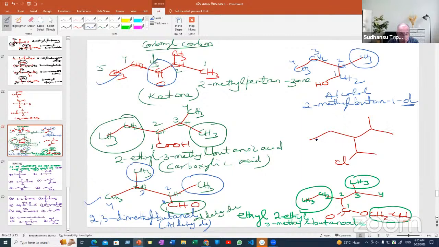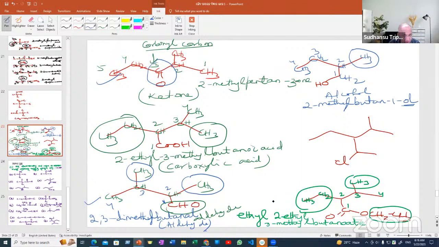And if you go this way, 1, 2, 3, 4, 5, you are also getting 2. 1, 1. Chloro is 1, isopropyl is 1. If you go in this way, 1, 2, 3, 4, 5, then methyl is 1, and this is also 1. So in both the cases, you are having two branches.